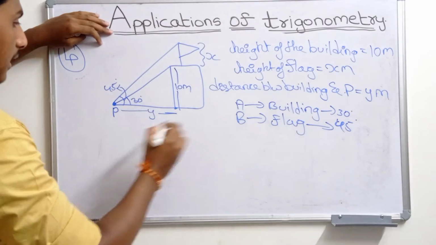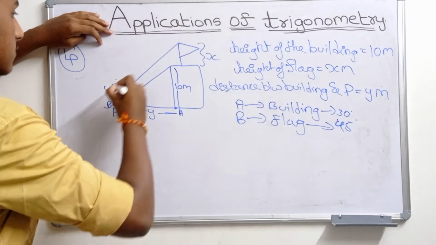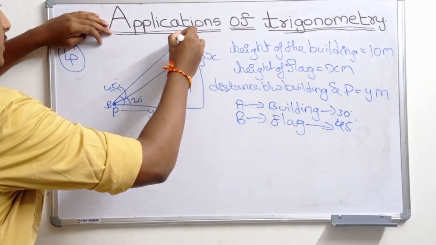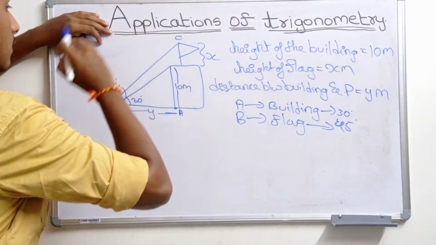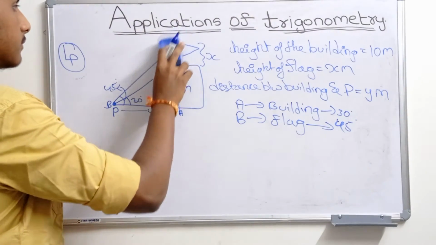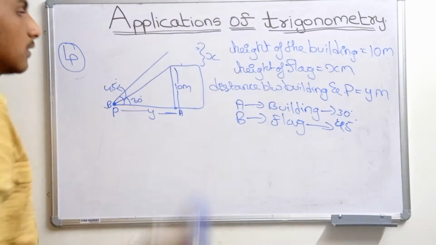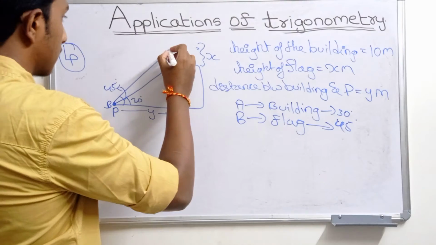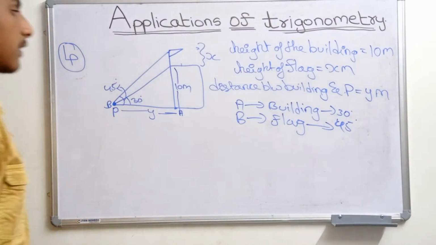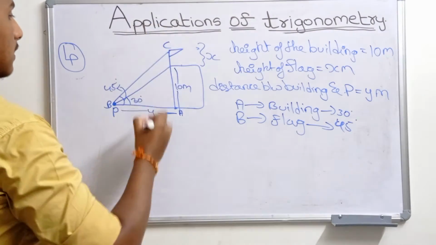In this triangle we'll consider this point as A, this point as B, and this point as C. Or else, just a minute, we'll make a small change in the diagram. This is the flag. Okay, A, B, C and D.